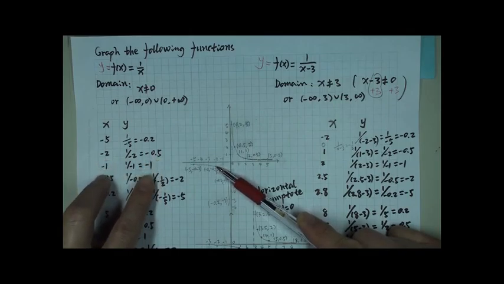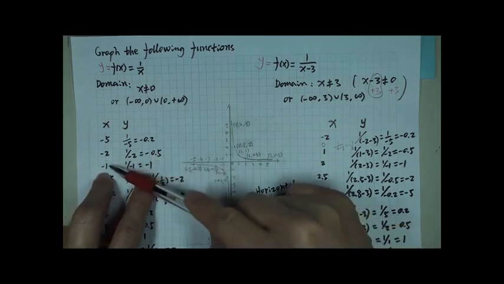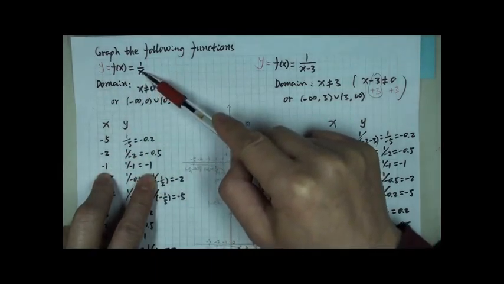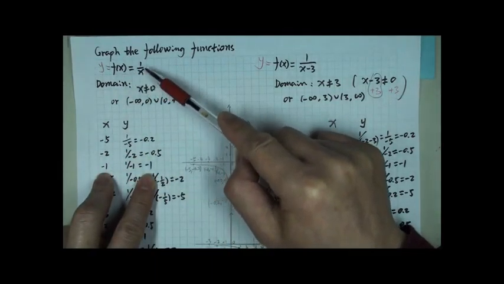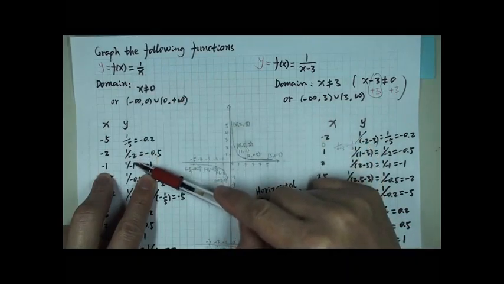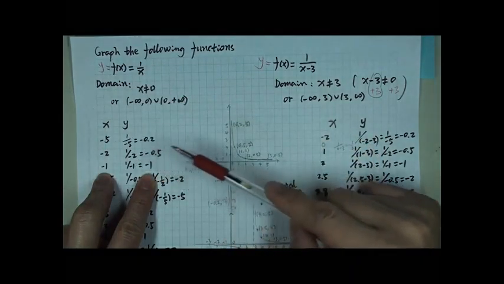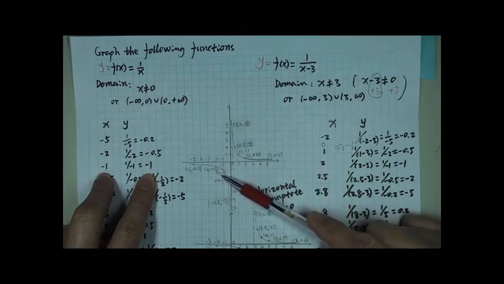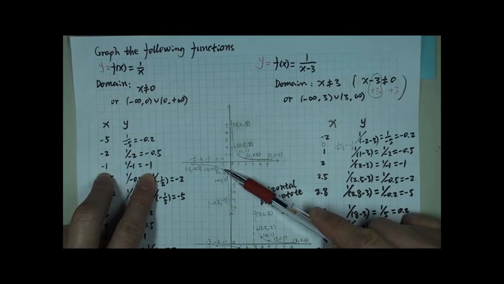The third pair is x equals negative 1. You plug in 1 divided by negative 1, and you have negative 1. So negative 1 is on the point.